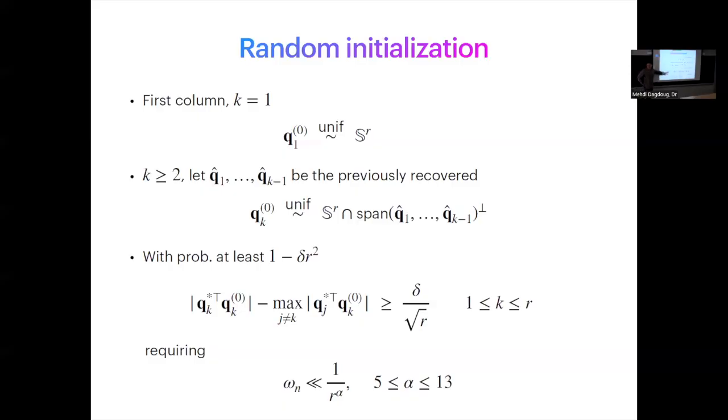The question asks about this random initialization: you need this guarantee, and this in turn requires omega n to be satisfied for a range of alpha. Why do we talk about this range of alpha? Specifically, this alpha is an alpha of delta. This delta you want to be close to 1, or at least away from 0.